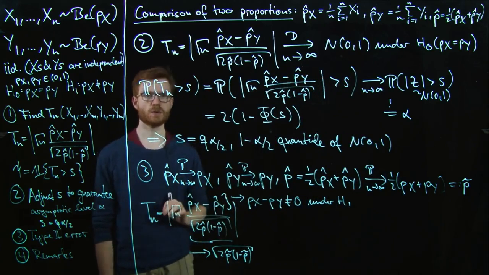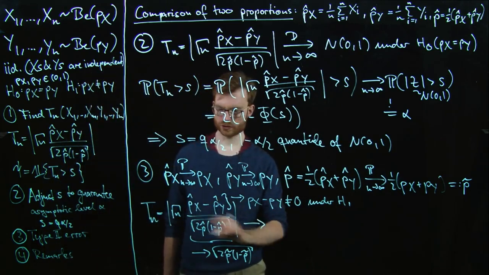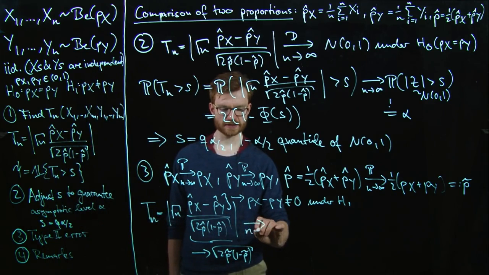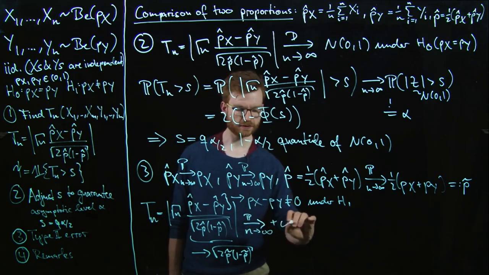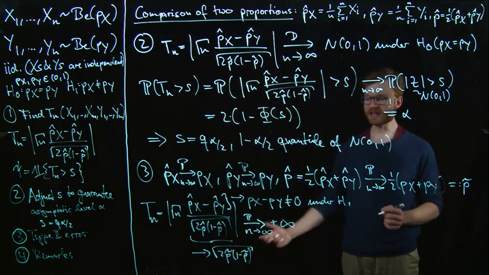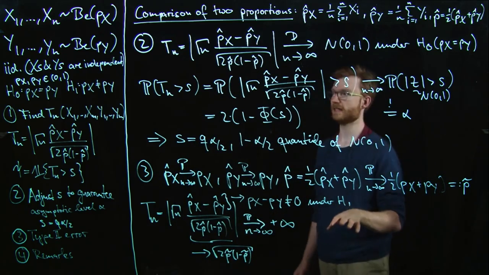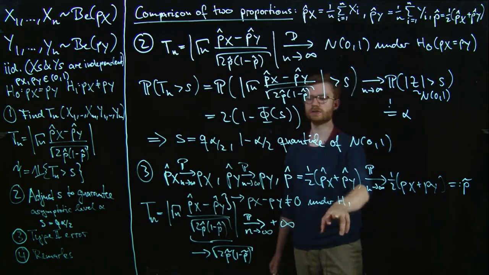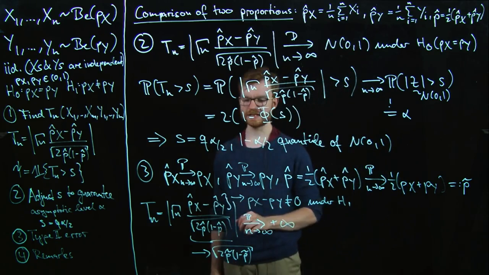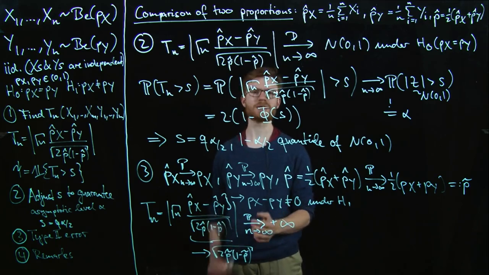And if I hit this with the square root of n, then that means that the whole Tn, as n goes to infinity, actually in probability goes to plus infinity. That means as n grows larger and larger, if our model is true but the null hypothesis does not hold, then this quantity exceeds every fixed limit with overwhelming probability.